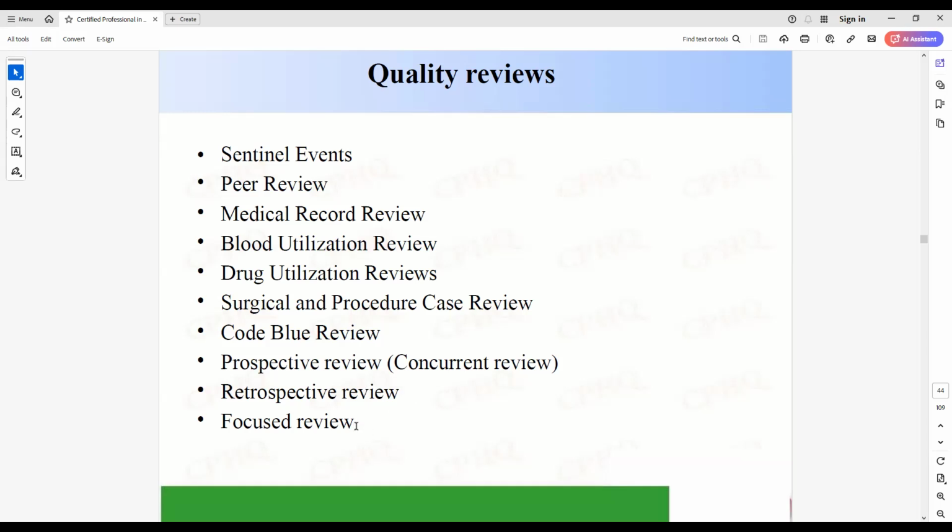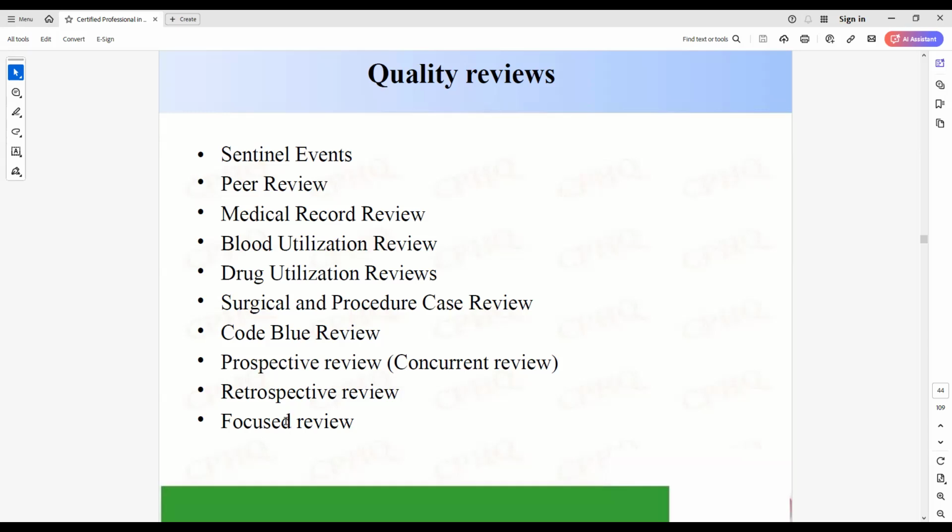Focused review is a specific review on a certain element of care. For example, you might want to review only a specific segment of the patient care. The antibiotic review, as we said, is a focused review. You could have reviewed all of their medications, but you're only focusing on their antibiotic therapy usage.